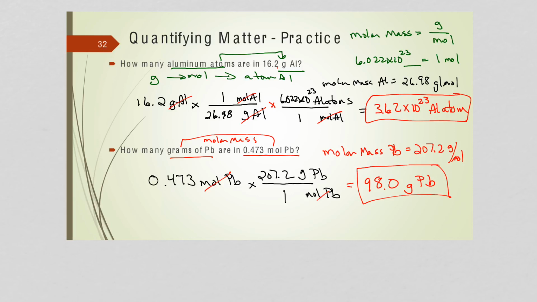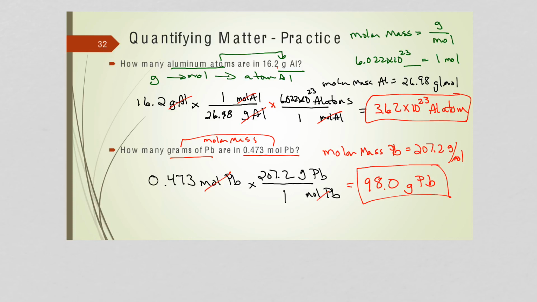Now, it could. If you knew a quantity to more than 3 or 4 significant figures, or maybe even 5, then maybe the molar mass might limit it. But typically, we're going to be guided by the initial measurement that we're given, that we're starting with, to determine the significant figures in our answer.